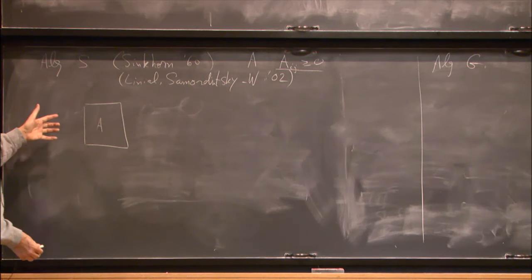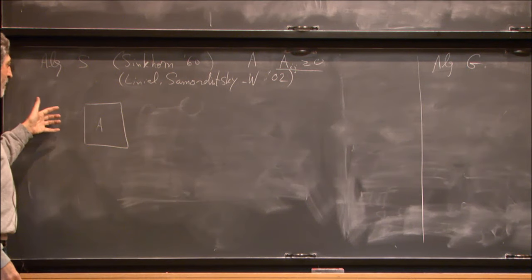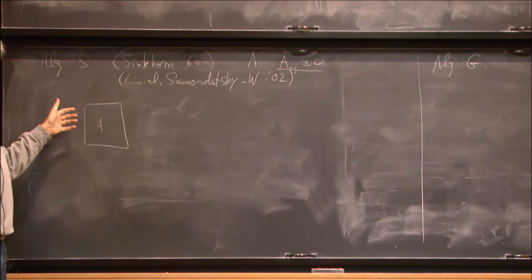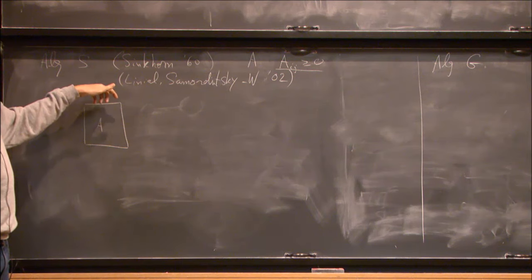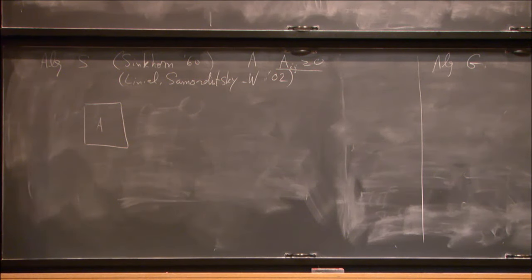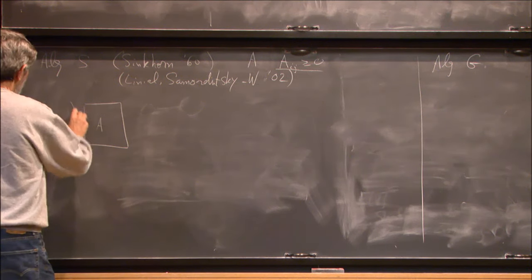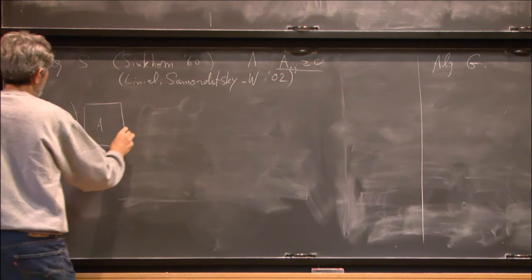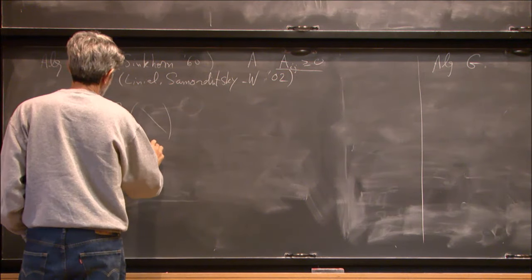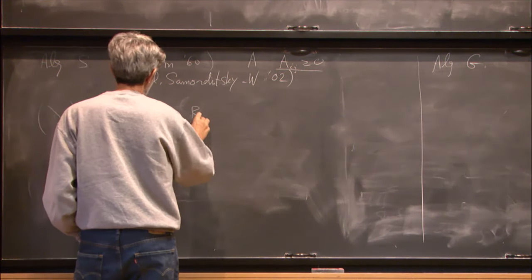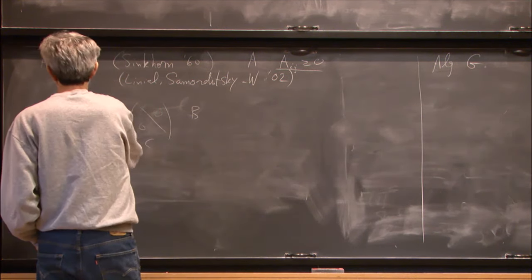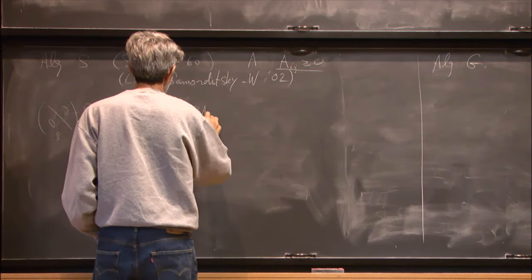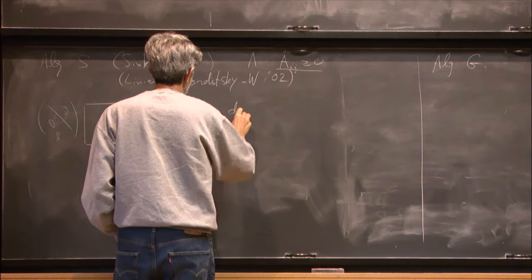Another way to think about it is to scale the rows, multiply the rows by constants, multiply the columns by constants, and after that you want the row sums and column sums to be 1. So here you have some diagonal matrix B, here some diagonal matrix C, and you want that BAC is doubly stochastic.